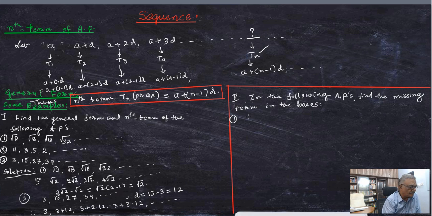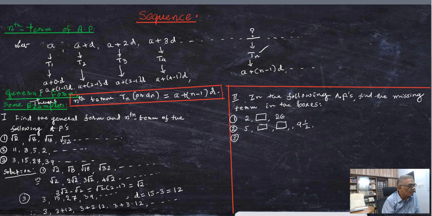In the first, 26 is given; in the second, 5 is given; the second term is missing, the third term is missing, and the fourth term is 9.5.